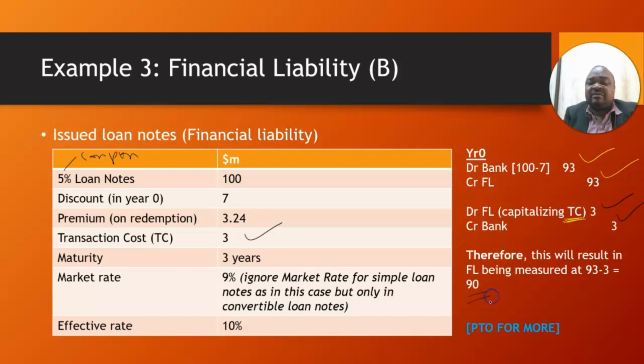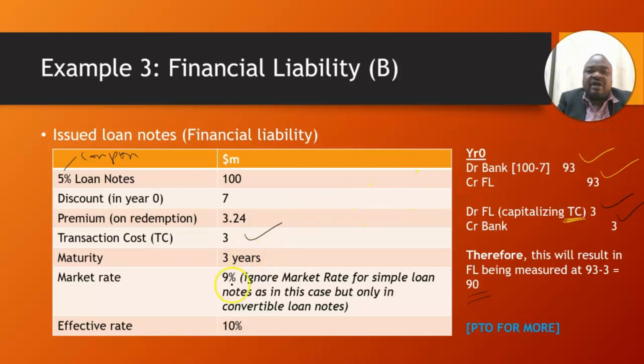This is different from the impact of capitalization in an asset situation. In an asset situation, the capitalization is going to increase the asset value, but here it is going to reduce the liability. Are we together? It is now going to reduce the liability.